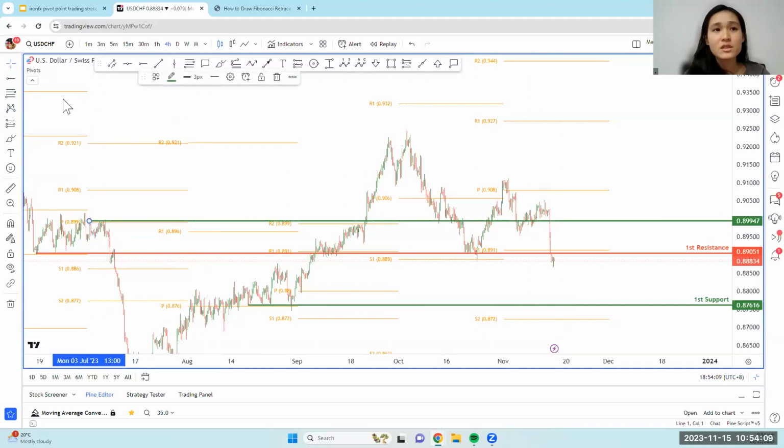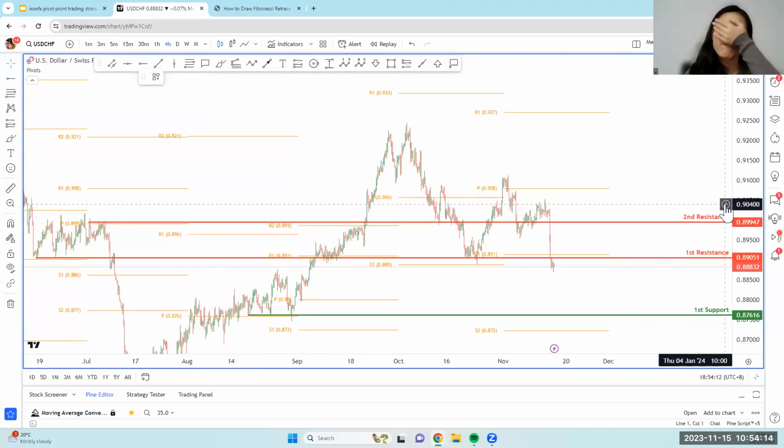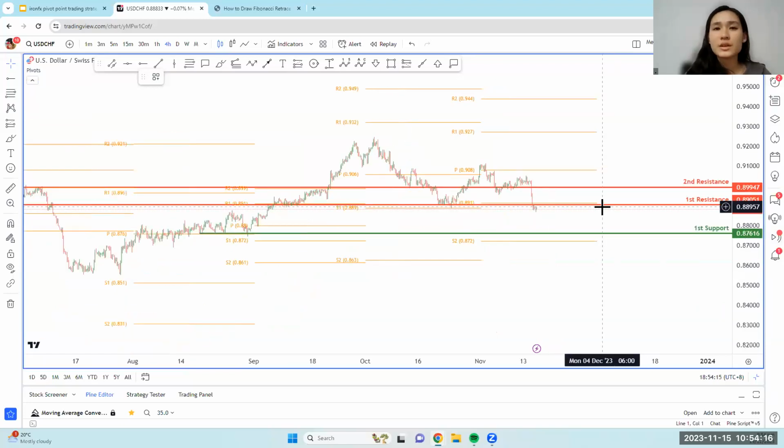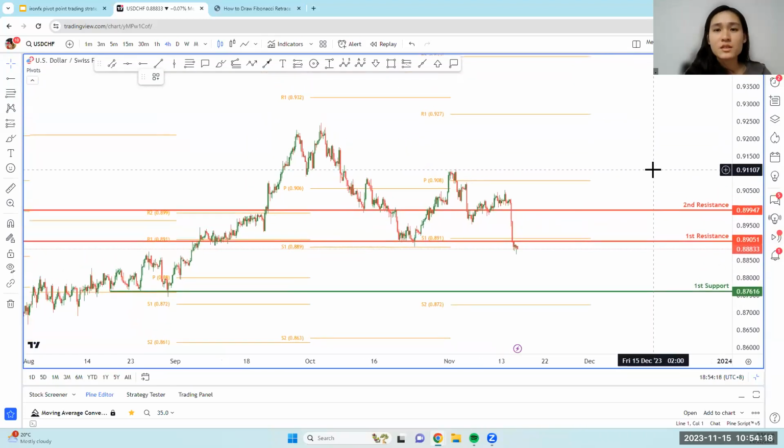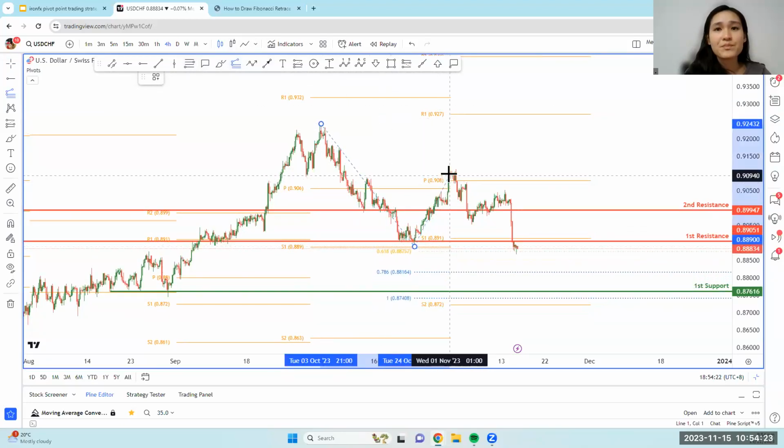Okay, yeah. So this is my second resistance. So same thing. Now we go in with our Fibonacci levels.